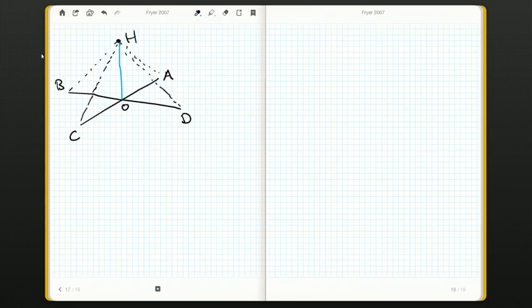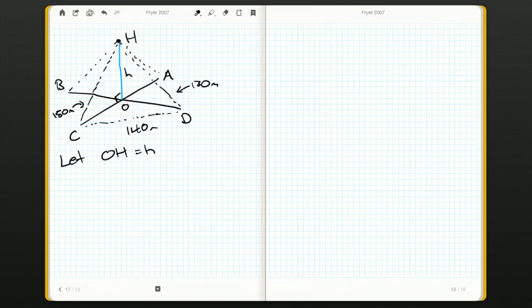So we know this length here, C to D, 140 meters. We know this length here is 130 meters. And we know over here we get 150 meters. And we want this height, which is h, let's say. So let's let that be h meters.